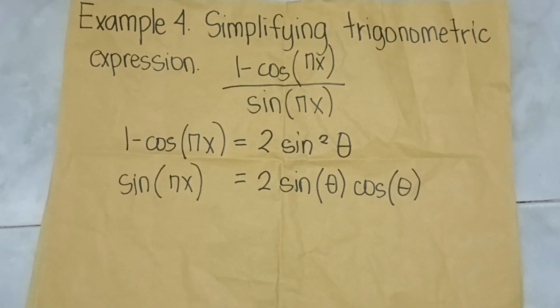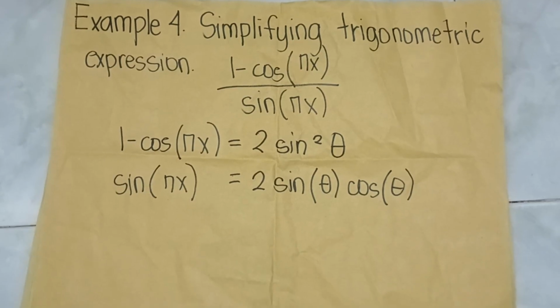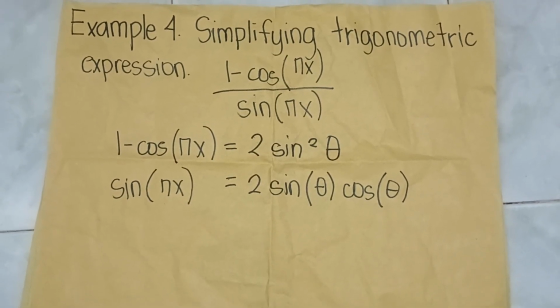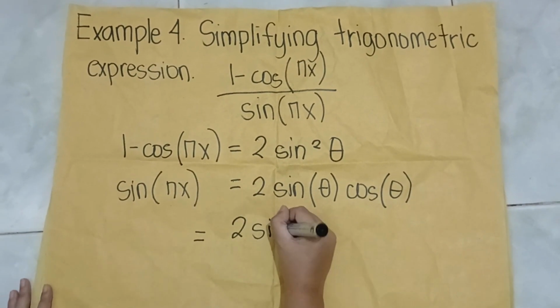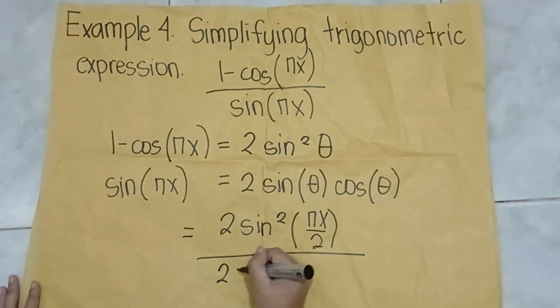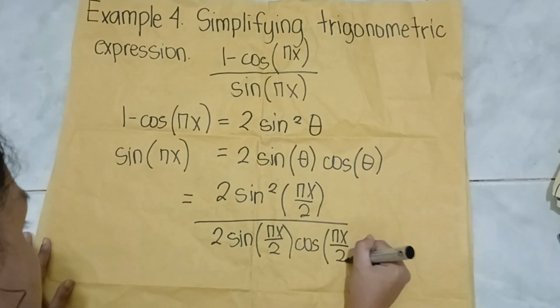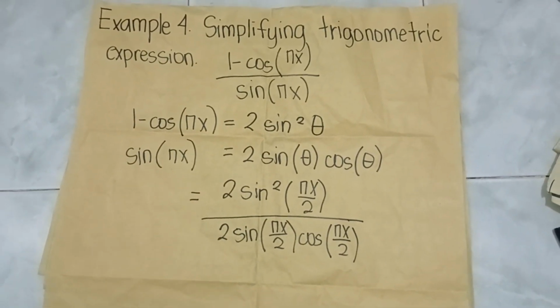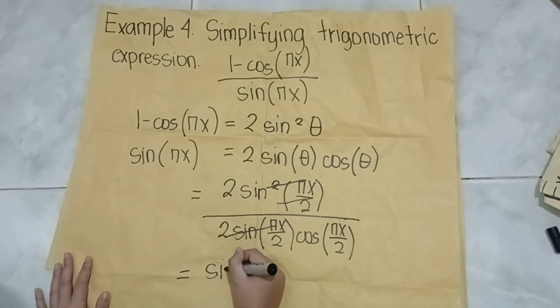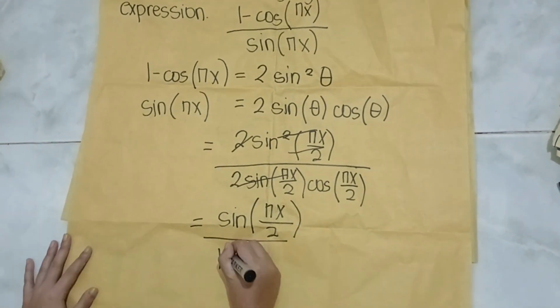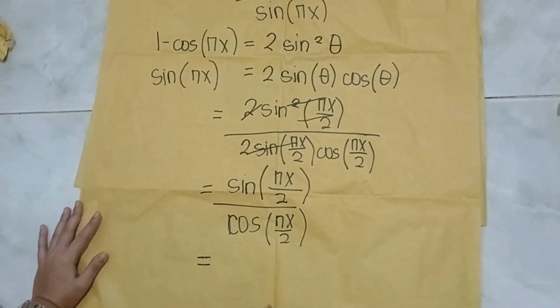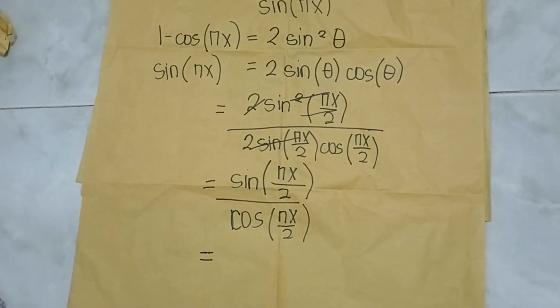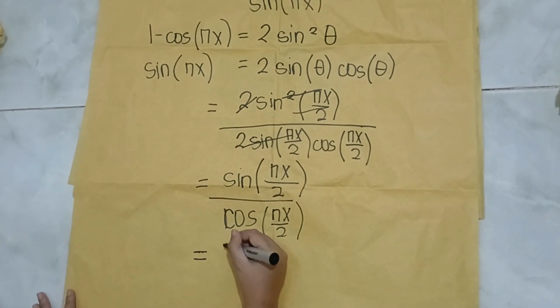Then, we let theta be pi x over 2, then distribute it. Now, we cancel the common terms. And now, we apply the quotient identity.